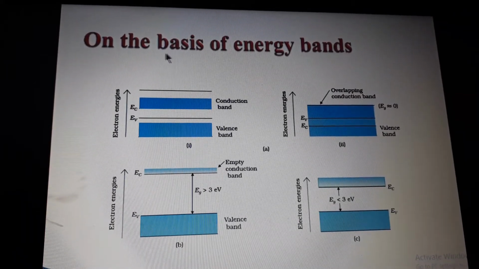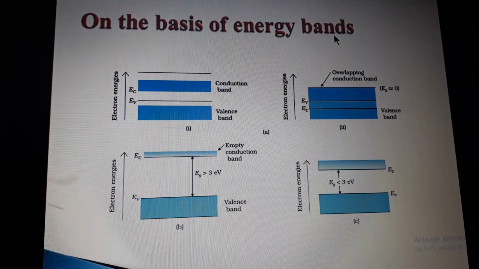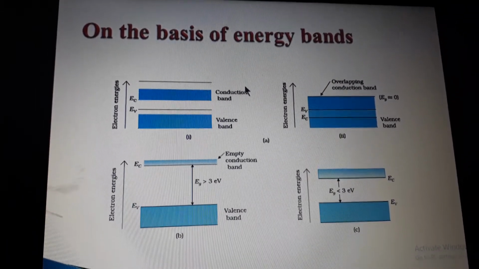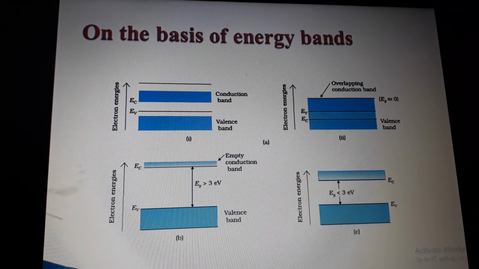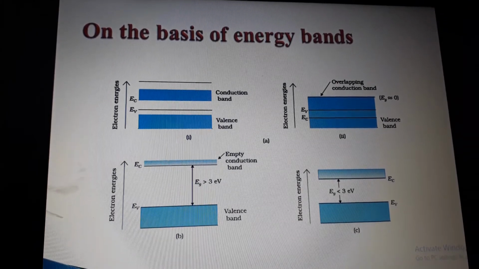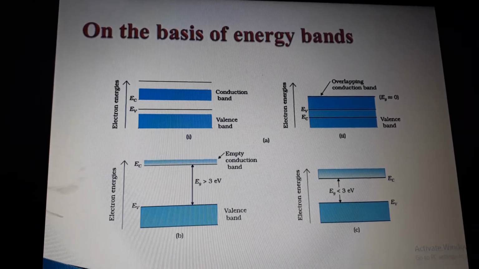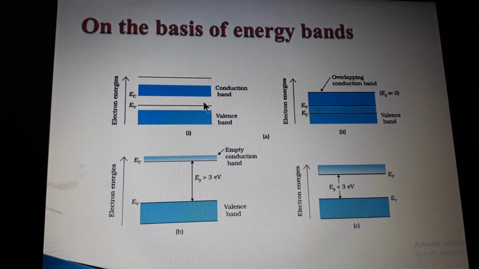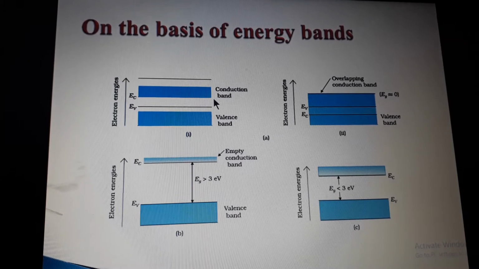Now this one is on the basis of the energy band diagram. Just see, there are two energy bands, one is the conduction band and one is the valence band. In the valence band there are valence electrons, in the conduction band there are free electrons, and there is a gap between the conduction band and the valence band.